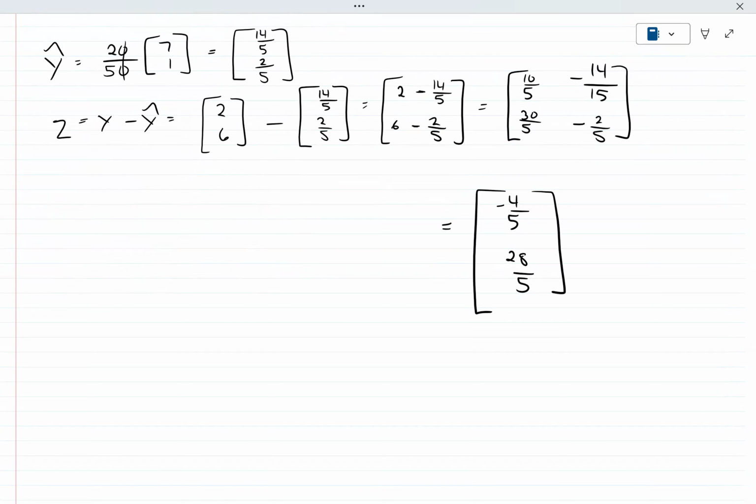So what we need, this is z, so we need to find y. So y is equal to vector z, which is this one, plus y hat.